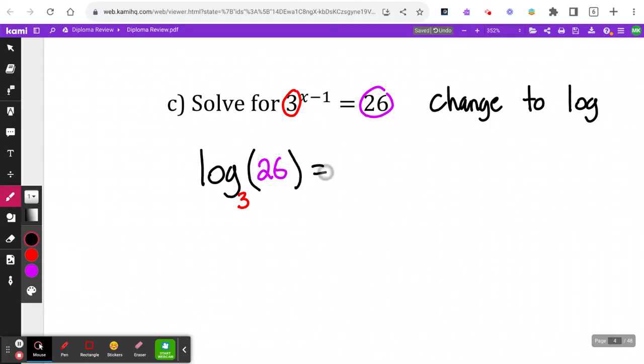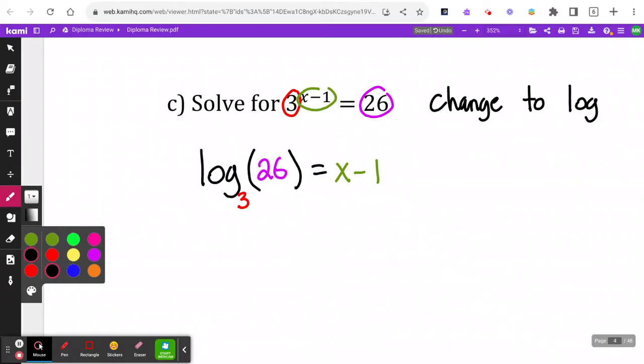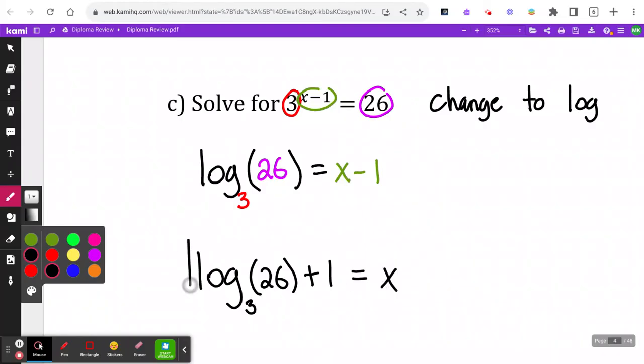The exponent drops down by itself. And I have log base 3 of 26 equals x minus 1. If I wanted to solve that, I would add 1 to both sides. So I have log base 3 of 26 plus 1 equals x.